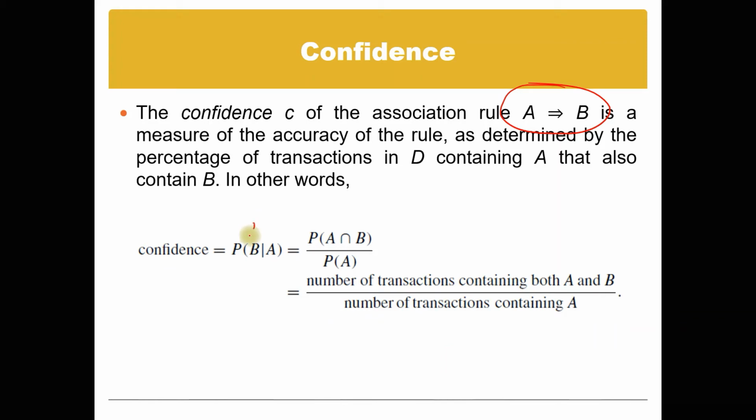Now, the probability of a consequent given the antecedent. This is what the confidence is, the probability of a consequent given the antecedent.